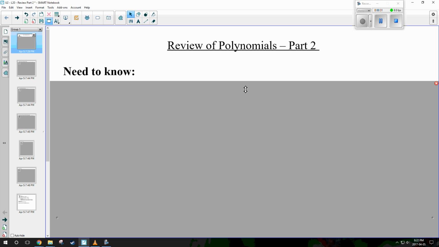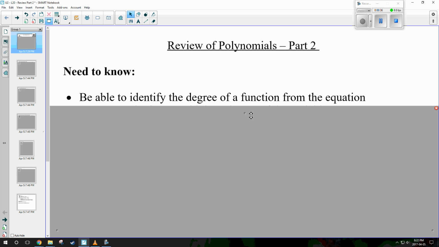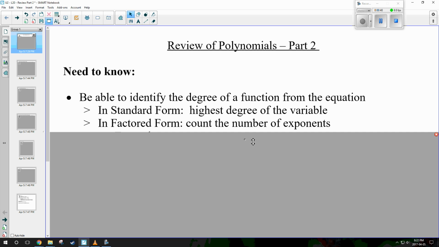So, things that you need to know. The first thing that you need to know is you need to be able to identify the degree of a function from the equation. There are two different forms. Remember that in standard form, that's when it looks like ax squared plus bx plus c, or something of that form.